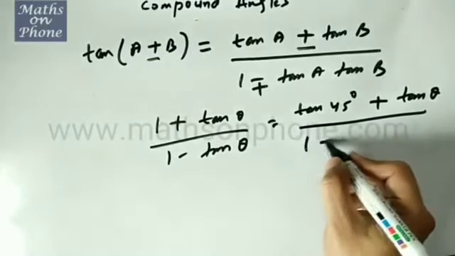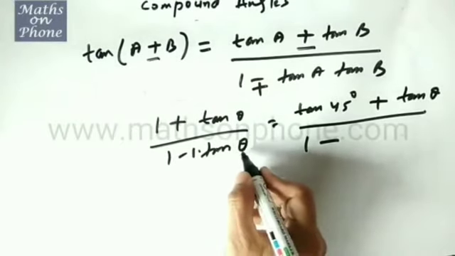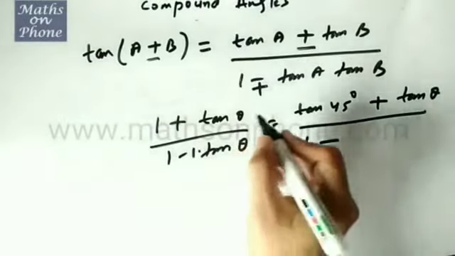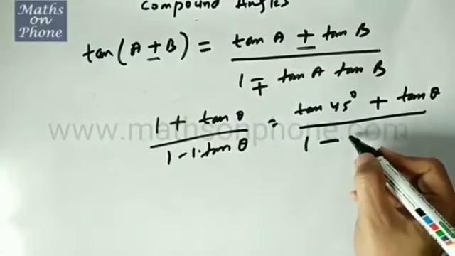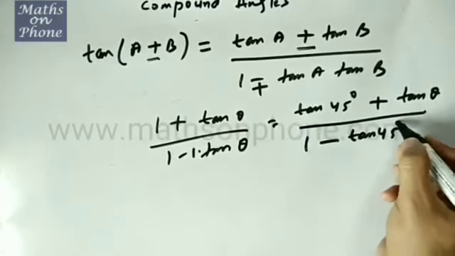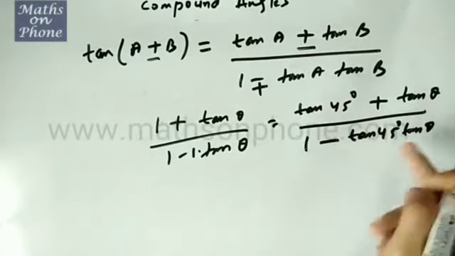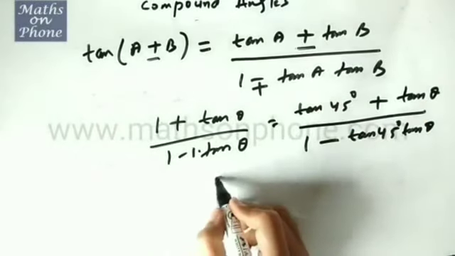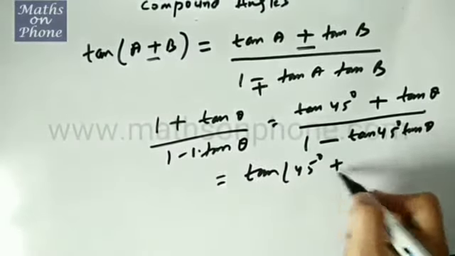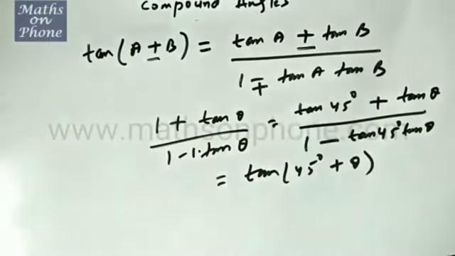For 1 into tan theta, can I write tan theta as 1 into tan theta? Why? Because we have to bring in one of the formulas so that we can condense it. For 1 I am writing tan 45 and this is tan theta. Now you see, tan A plus tan B by 1 minus tan A tan B, so it comes out to be tan(45 degree plus theta). This is a little bit of application of the formula.